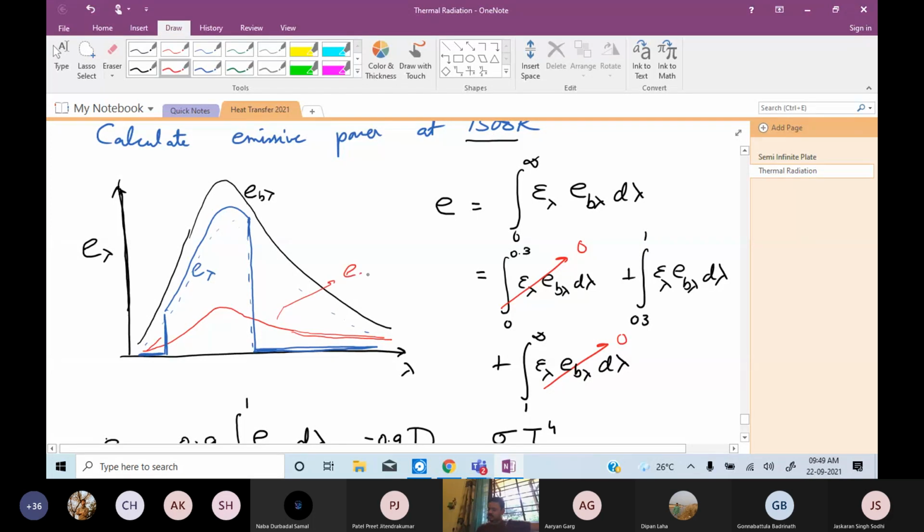So this is like E lambda. But look at the characteristics, they're so different. You will emit nothing apart from 0.3 to 1 microns, whereas a gray body approximation would say that you are going to emit 12.6% of the black body radiation at every wavelength. So this is an example of an engineered surface where the gray approximation does not work, or will give you a very erroneous and incorrect representation of the surface.